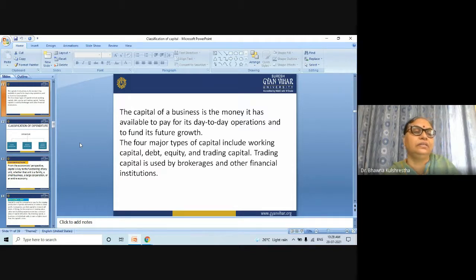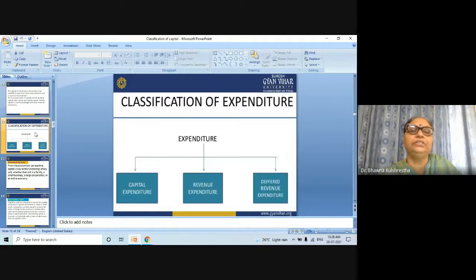The next topic is the classification of expenditures: capital expenditure, revenue expenditure, and deferred revenue expenditure. These are the expenditure classifications.